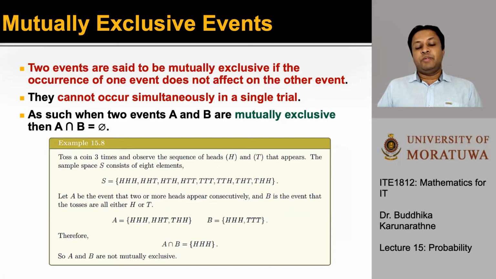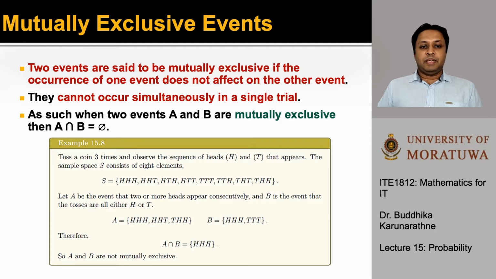So as such, when two events A and B are mutually exclusive, the A intersection B is the null set, because we don't have any components in there.